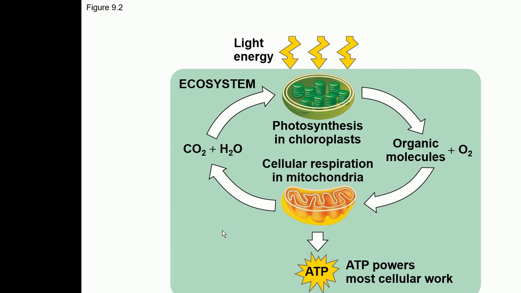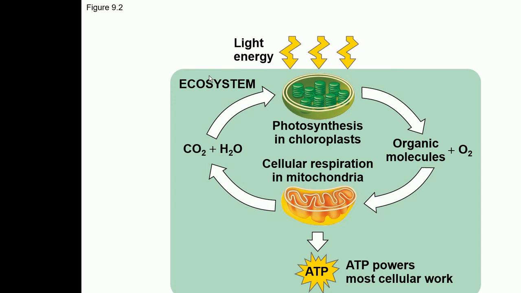These byproducts of cellular respiration are taken by photosynthetic organisms, and by the process of photosynthesis they convert them into organic molecules and oxygen. This is how these two processes, cellular respiration and photosynthesis, are related.